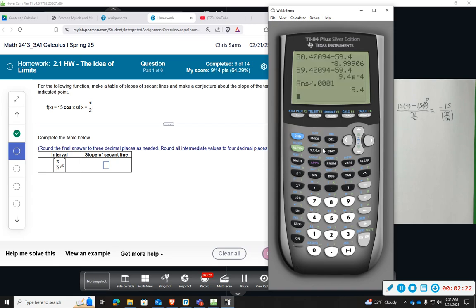So we're going to do negative 15 divided by, I'm going to do second pi divided by 2. And this gives us a negative 9.549.